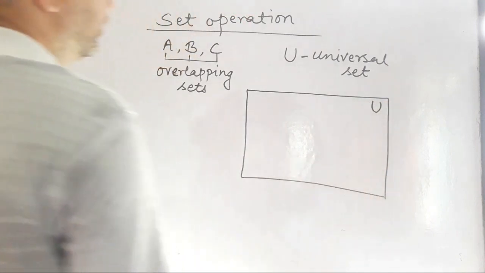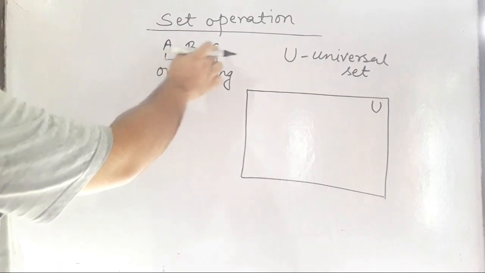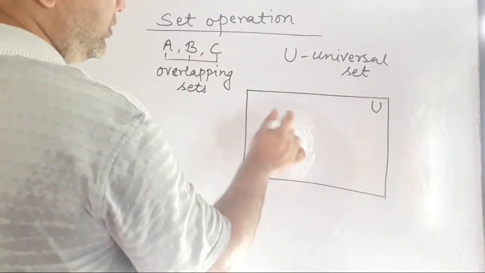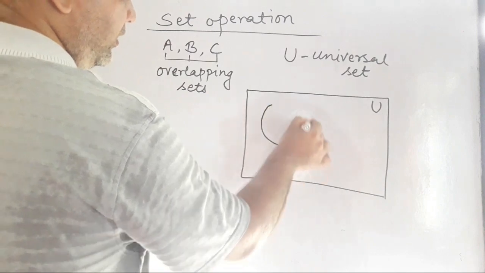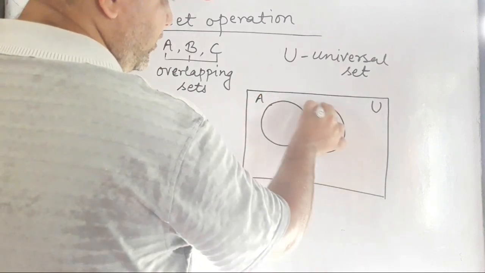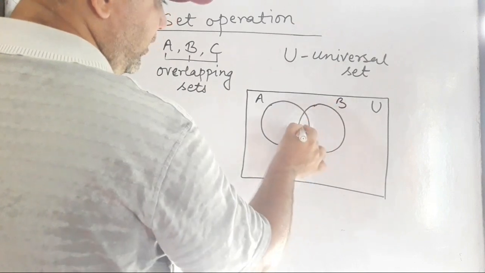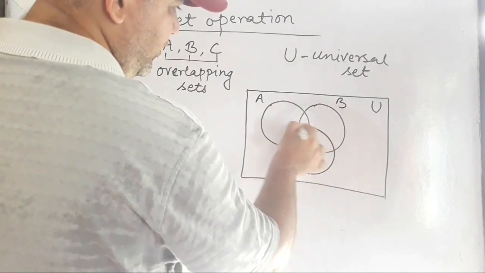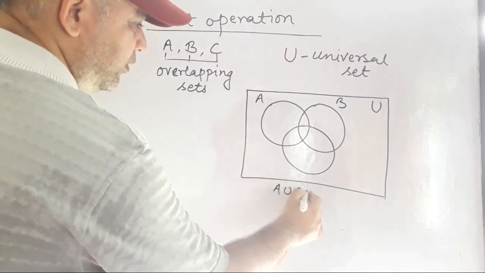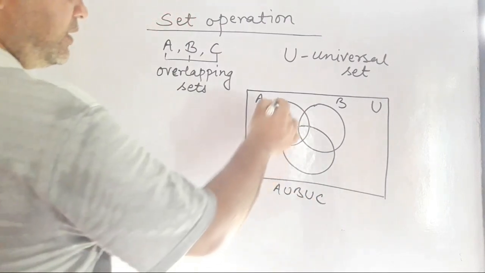Universal set U, and since A, B and C are overlapping sets, they will overlap with each other. That is, they intersect with each other. Set A, set B and set C. So this is A union B union C. And how to shade them?